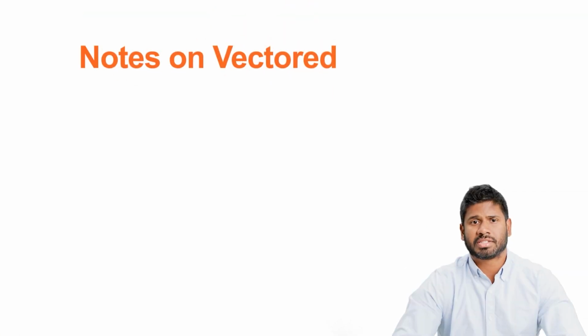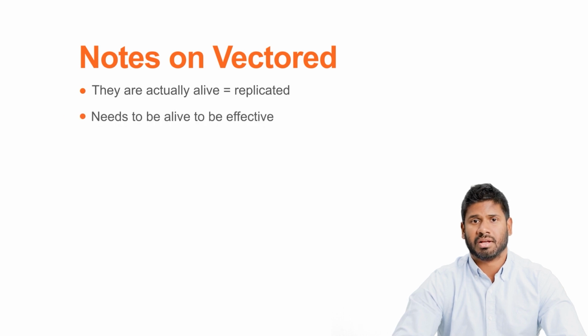Some notes on vectored vaccine. Again, these are actually alive and need to be alive to be able to replicate. Remember, alive to replicate to be effective. What's special about these vaccines, though, is that they are stored in liquid nitrogen and are extremely fragile and sensitive.